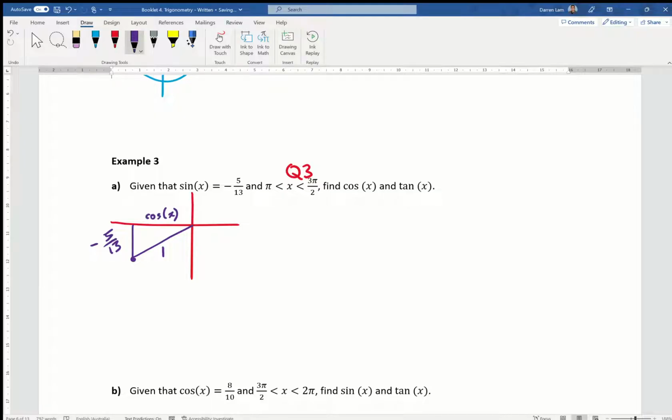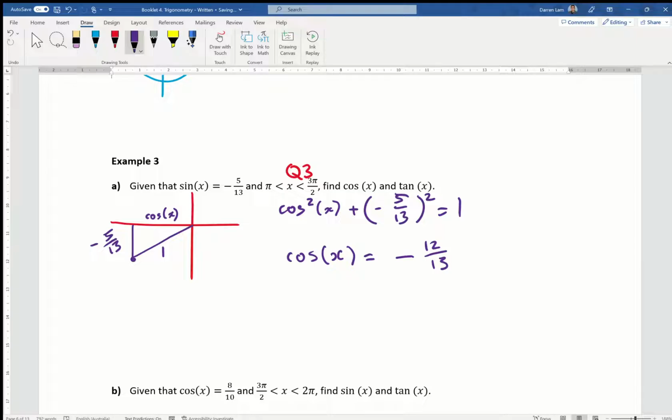We have cosine x squared plus negative 5 on 13 squared, or you probably don't even need the negative, just 5 on 13, equals 1. Using our basic Pythagoras theorem, you end up with cosine x equals plus or minus 12 on 13. Is it going to be positive or negative? Negative, good, because it's in quadrant 3, therefore it's going to be negative 12 on 13.